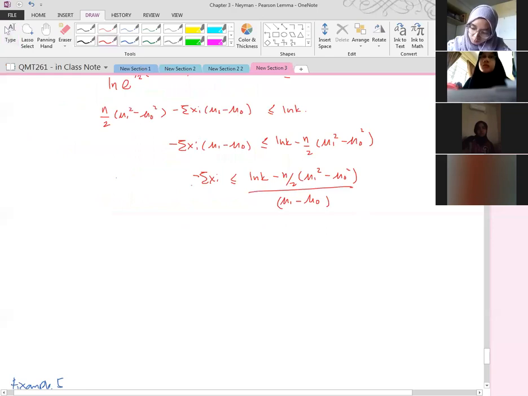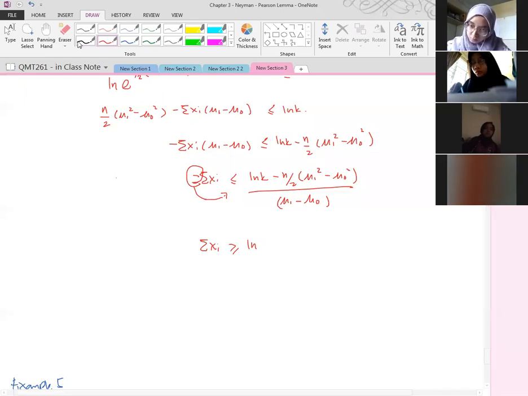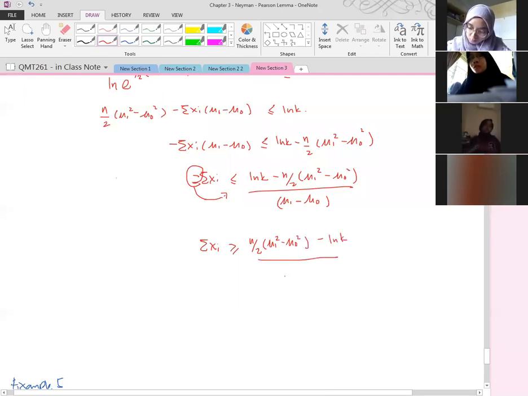So you can bring this negative sign to the right, so it becomes summation of xi more than or equal to, so this one becomes negative, this one becomes positive. Let me rearrange this one. Should be n over 2 (mu1 squared minus mu0 squared) minus ln k divided by mu1 minus mu0.